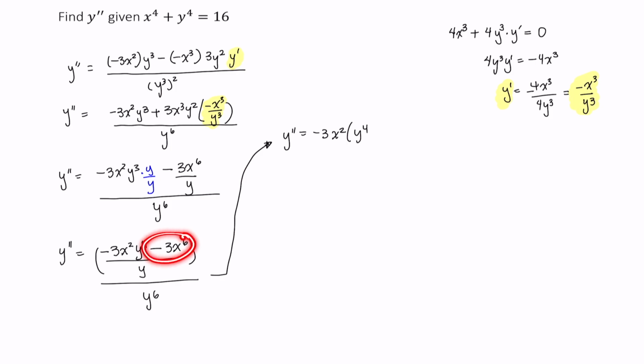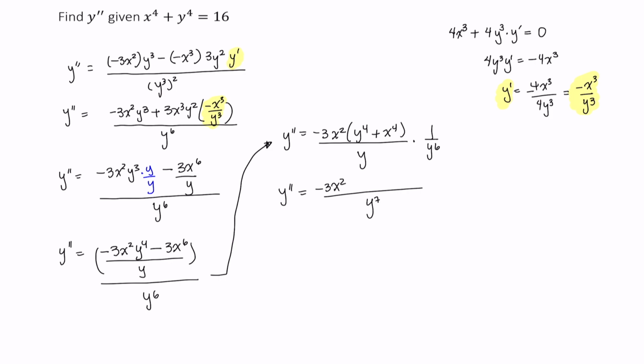And negative 3x to the 6th power divided by negative 3x squared, all that's left is positive x to the 4th. And then this is over y times 1 over y to the 6th power. So y double prime is equal to negative 3x squared. In our denominator, we now have y to the 7th power.